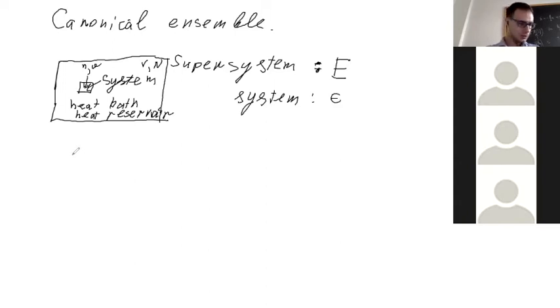No questions? Then we proceed as follows. We have already defined the entropy of a macro state, and we want to find the entropy of a macro state at which the system has energy epsilon.